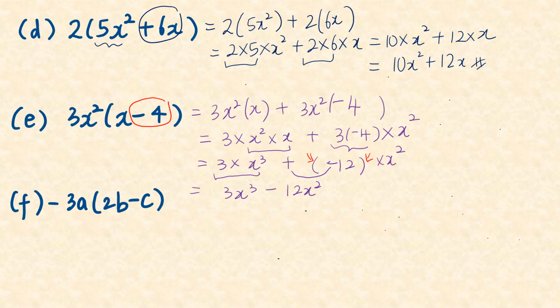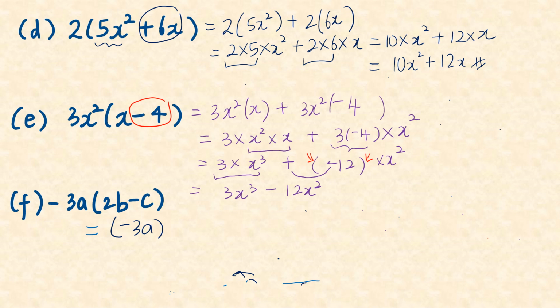Okay, so for the last one, right, so that will be negative. So negative 3a, so we need to bracket it. Okay, we need to bracket it. So bracket negative 3a.